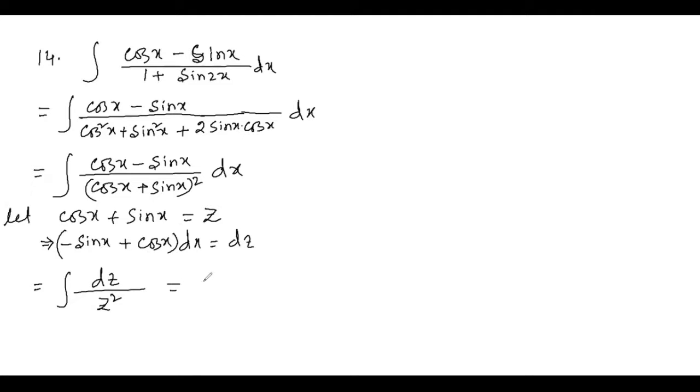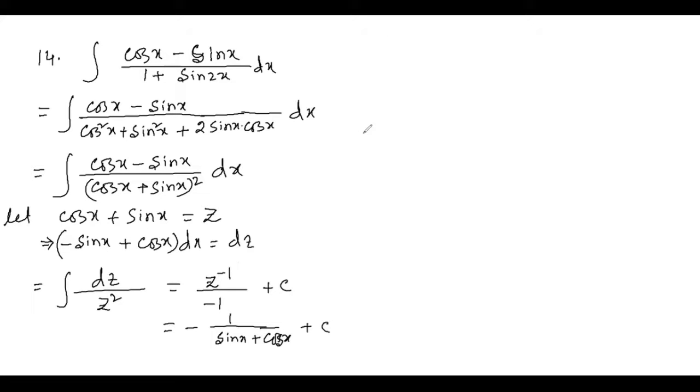Its integration is z to the power n plus 1 by n plus 1, so z to the power minus 1 by minus 1 plus c. So the answer is minus 1 by cos x plus sin x, or sin x plus cos x, plus c.